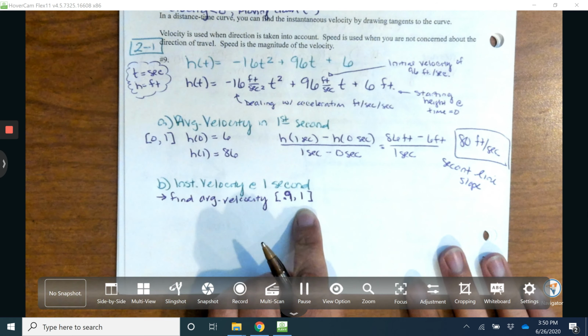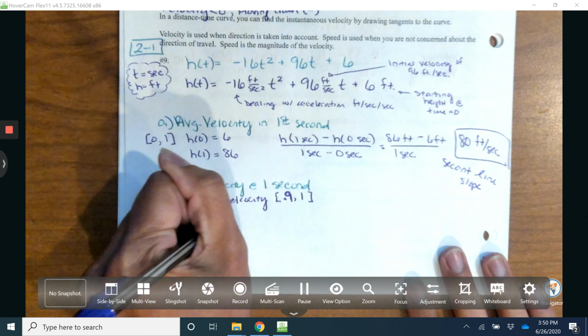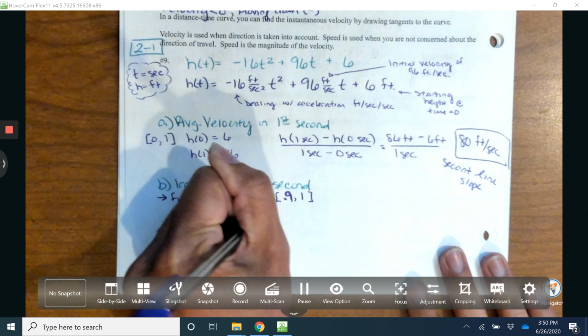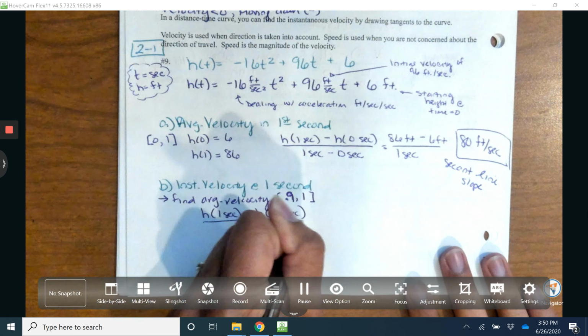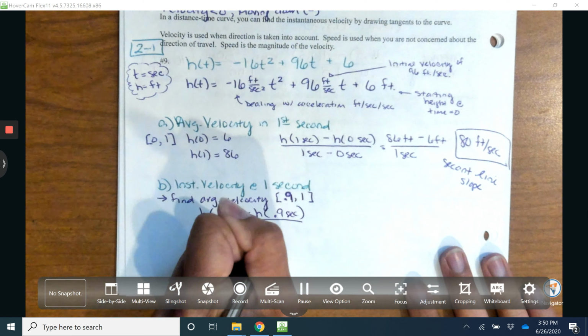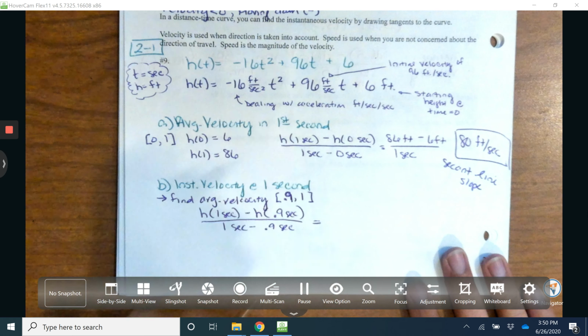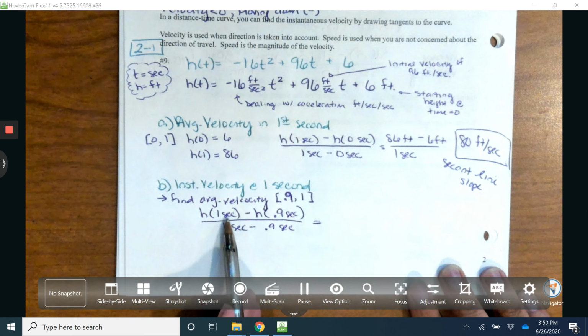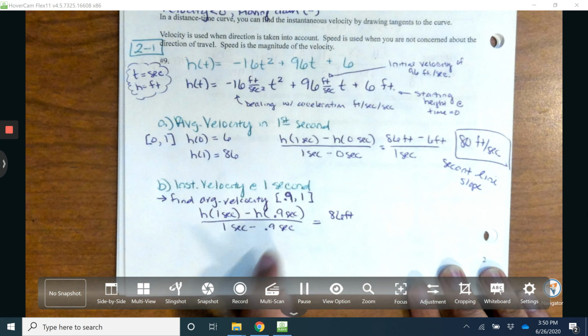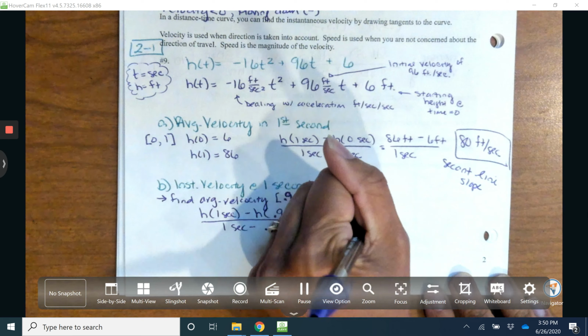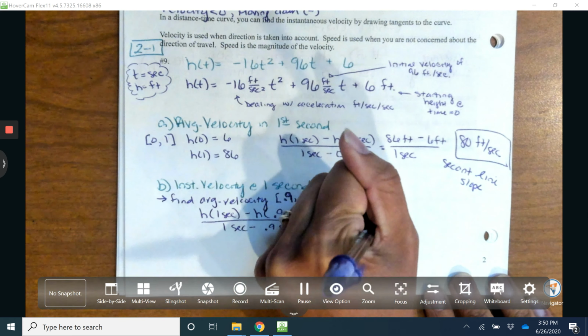So h of 1 second minus h of 0.9 seconds, all of that divided by 1 second minus 0.9 seconds. If I plug in 1 second, I know I get 86 feet. If I plug in 0.9, I'm going to get 79.44 feet.